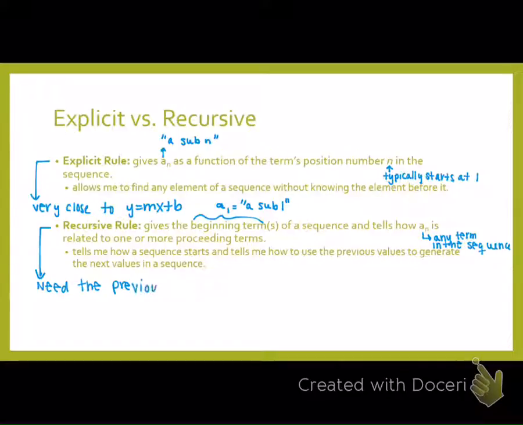So the explicit formula is better for finding any term, especially the big ones. This is good for the shorter terms. If you're just trying to find the second or third, it's not that hard to quickly plug into this and get to it. So we're going to look at what these formulas actually look like now.